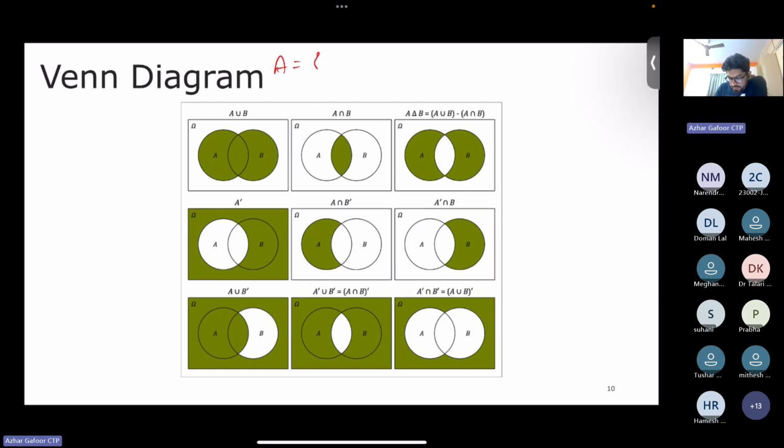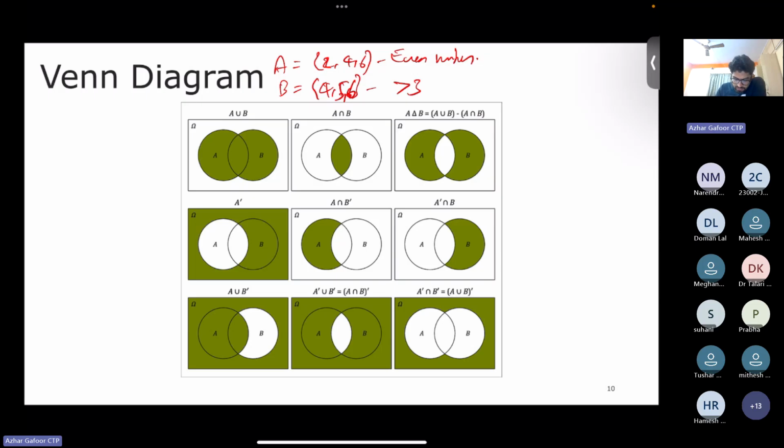A is even numbers, so 2, 4, 6. Then B is 4, 5, 6. So it is greater than 3, and then even numbers. So for the first case, A union B, it will be the combination of all the elements in the event.